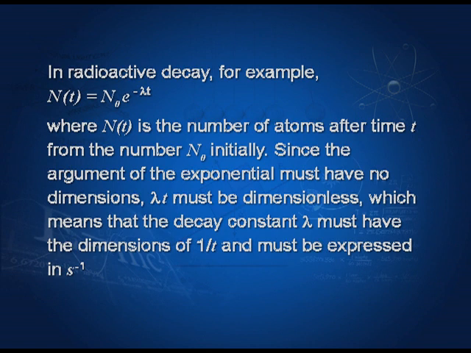Now, the argument of the exponential function must have no dimensions. That means lambda times t must be dimensionless, which means that the decay constant lambda must have the dimensions of 1 by T. That means it must be expressed in second inverse or seconds to the power minus 1.